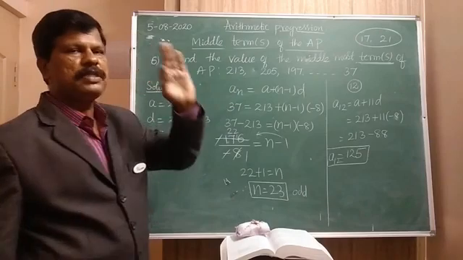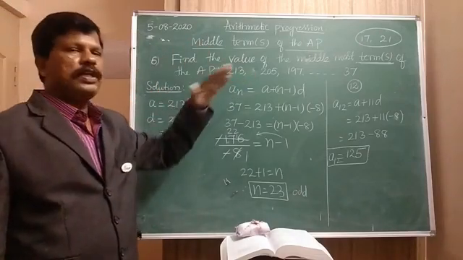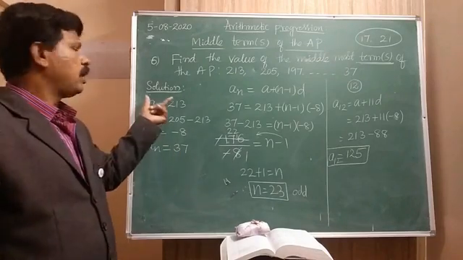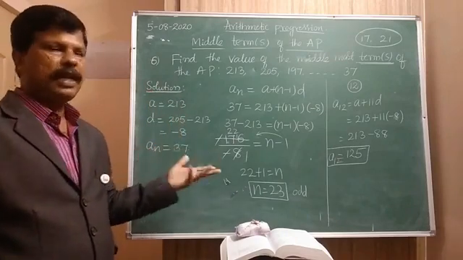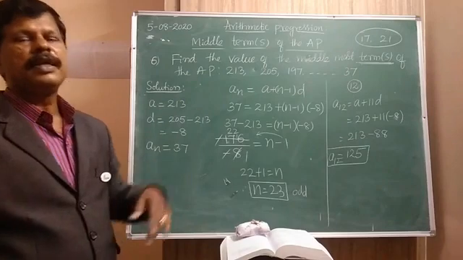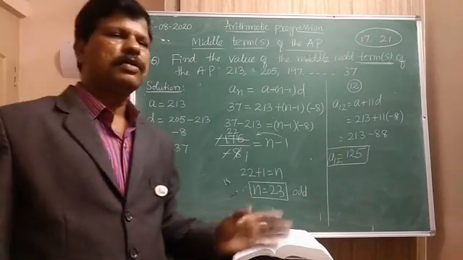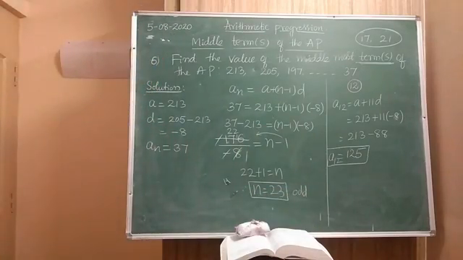Wherever you see an AP, your first duty is to write down a, d and n. If they give n, you write down n, or if they give an, then you write down an. Clear? So work this out and go through the exercise problems and reference books. Then you will know what type of questions are there in the exercises. Clear?